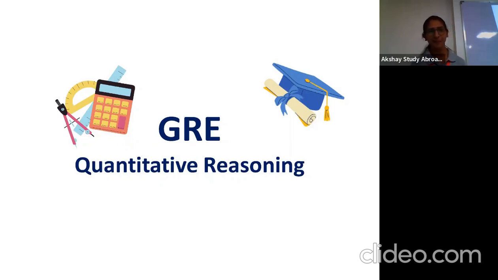Yeah. Quantitative is something which consists of data handling. Okay. And yeah, data is there in quantitative, but it's not only data. You have to deal with percent, ratio, what you told me earlier, trigonometry, the geometry section, all you have to deal with in quantitative reasoning as well.